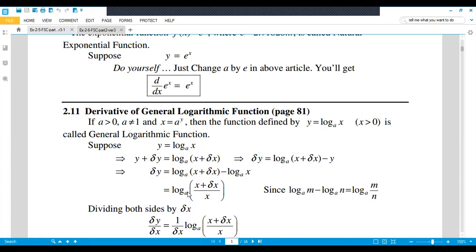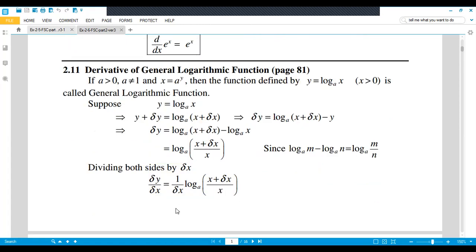So log with base a, x plus delta x divided by x. Here we use the rule of log: log m minus log n is equal to log m by n. Now divide both sides by delta x. When you divide by delta x, it is 1 over delta x times log of this value.